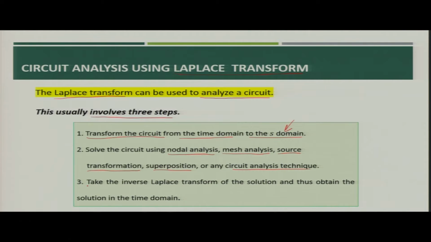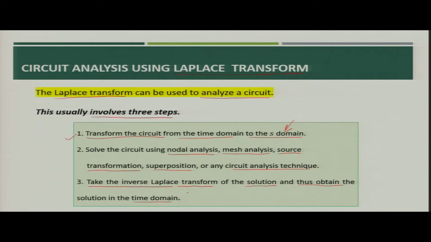Finally, when we get the answer in S domain, we will use the inverse Laplace transform, and we will obtain the solution in time domain. These are the three major steps we will follow in circuit analysis.